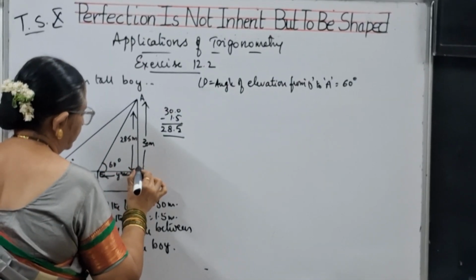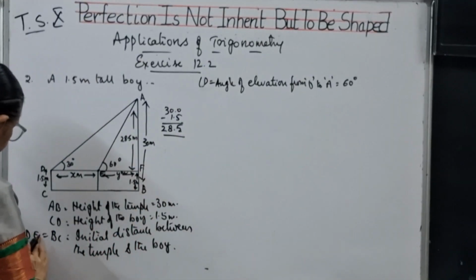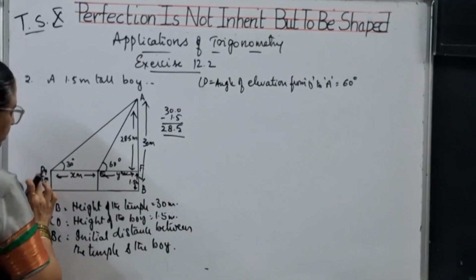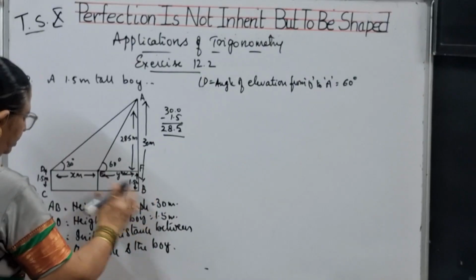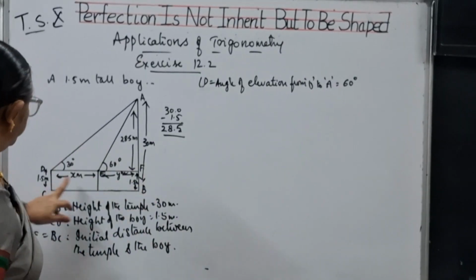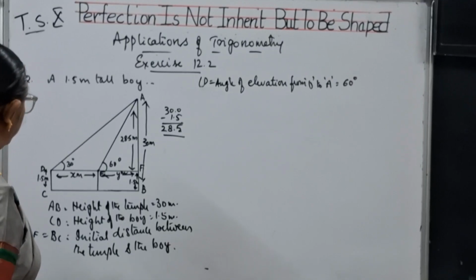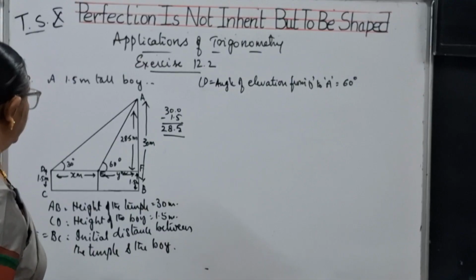Let me name this point F. DF is equal to BC. Now, what should I talk about next? DE. What is DE?